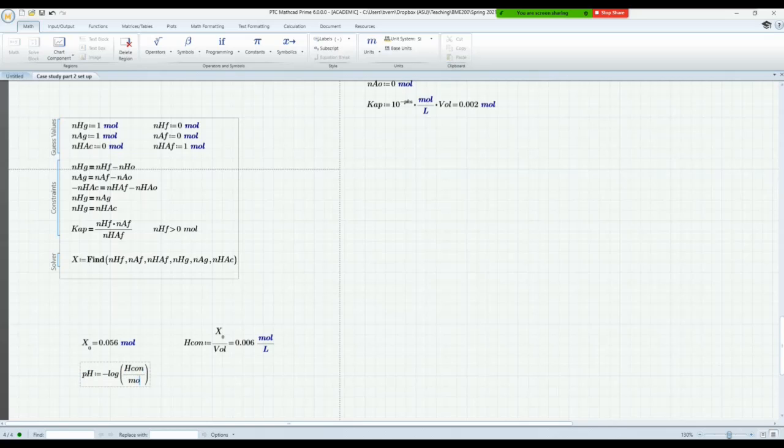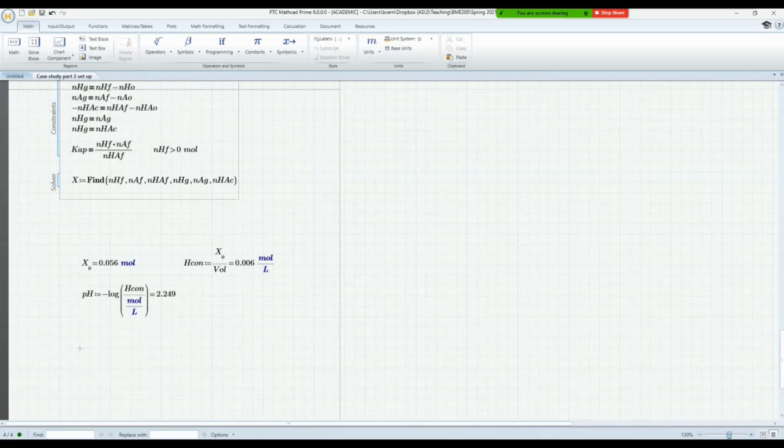But I need to divide that H concentration by moles per liter so that I cancel out the units and get just this number, 0.006. That's equal to 2.0. Oh, it's 2.0. Okay, so 0.001 would be a pH of 3. So even bigger than that is going to be an even lower pH, so 2.2. So the pH is 2.2.